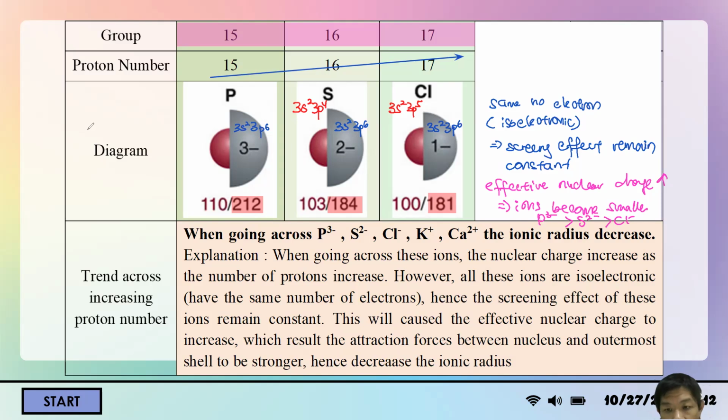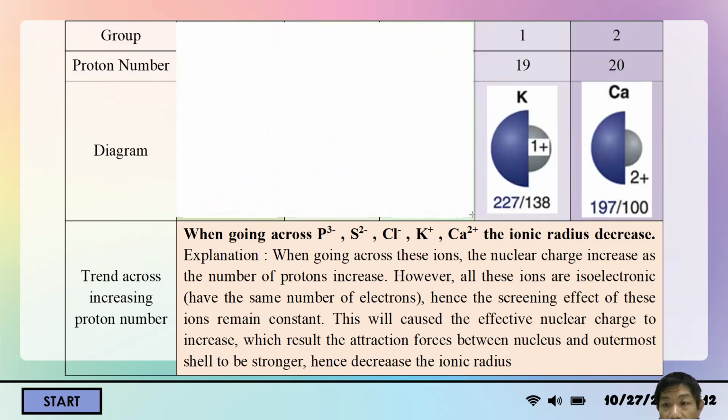As for the perspective of positively charged ions, we shall have a look at potassium and also calcium. Potassium has the valence electron 4s1, while calcium has the valence electrons 4s2. After donating one electron, potassium forms 3s2 3p6. Calcium also forms 3s2 3p6.